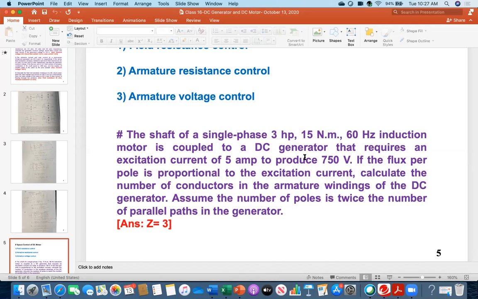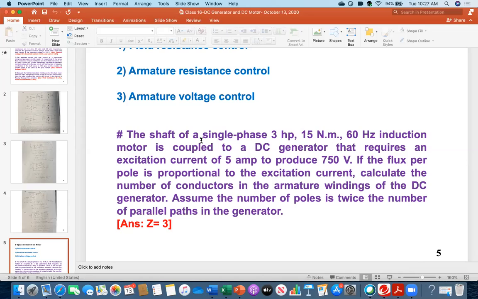Also in this problem, it says that a single phase induction motor is coupled to a DC generator. This means the DC generator shaft is being rotated or driven by the induction motor. That's why they are coupled together. So the induction motor is the prime mover for the DC generator, because the DC generator requires speed rotation, and that rotation is coming from the induction motor.